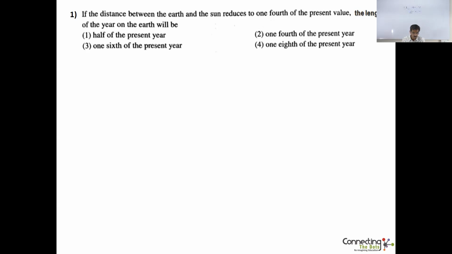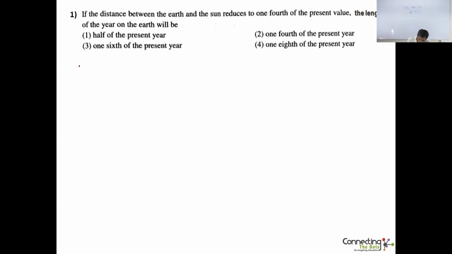So we will start this by using the relationship between the time period for the complete orbit and the distance of the object from the Sun. This is given by Kepler's third law. So let us start with that relationship.